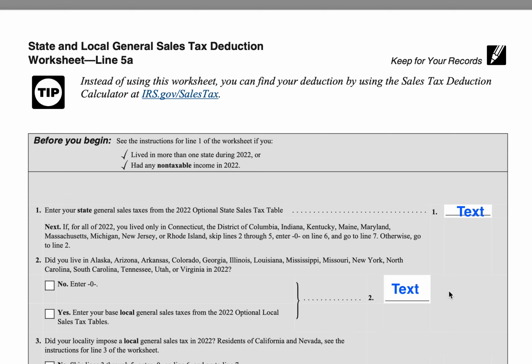Specifically, in line 5a, you would include either state and local income tax or state and local general sales tax.